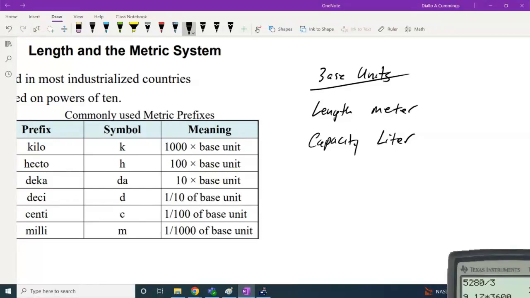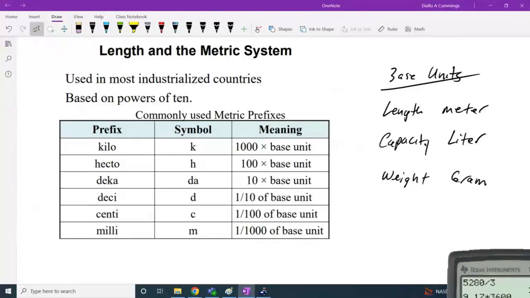Those are capacity type units. And the last one is weight, and weight is gram. So what I mean by that is you can have a kilometer, which would be 1,000 meters. You can have a kiloliter, which is 1,000 liters. If a liter soda is 1 liter, and you put 1,000 of them together, that's a kiloliter. And you can also have a kilogram.